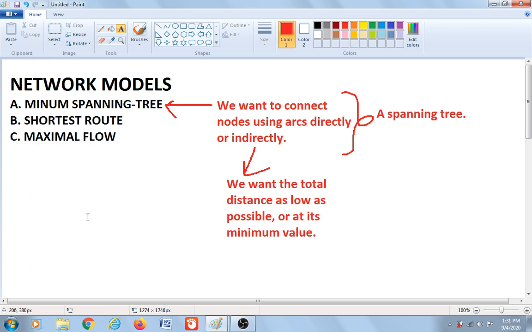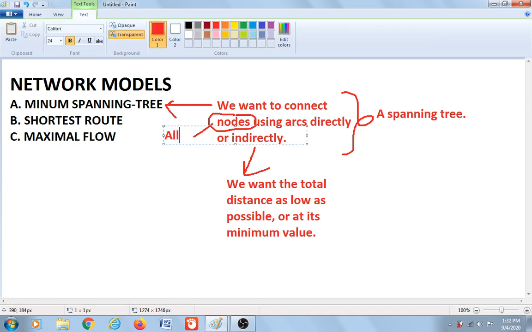So I repeat, in a minimum spanning tree problem, we want to connect nodes using arcs directly or indirectly. And remember, what I mean by nodes here is all nodes.